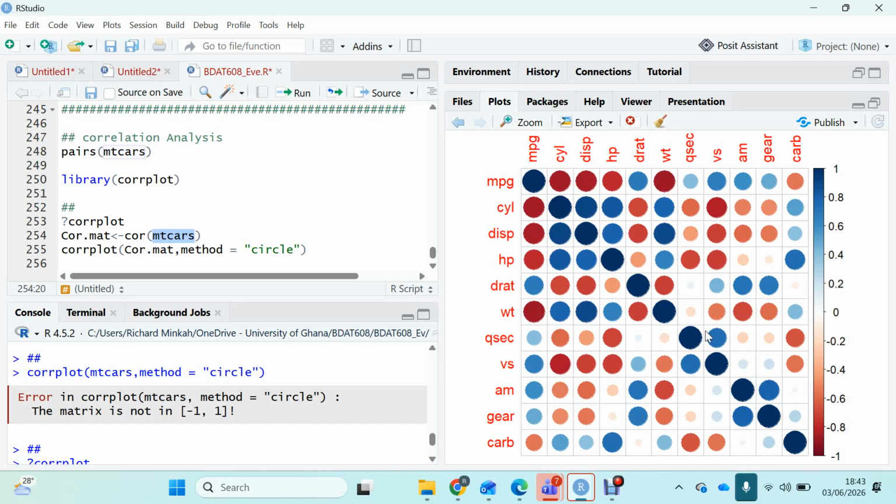Yeah, so the size is also signifying the extent of the correlation. So the smaller it is, the less correlated they are. So if you see on the diagonal, those are the bigger ones, right?